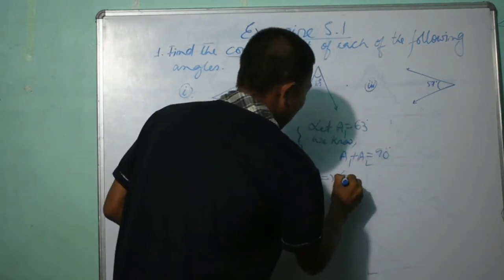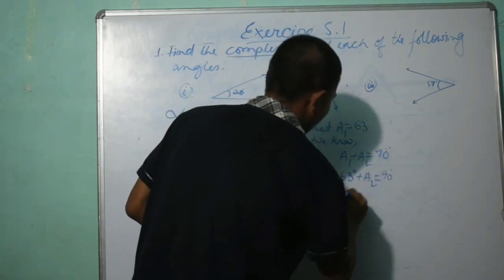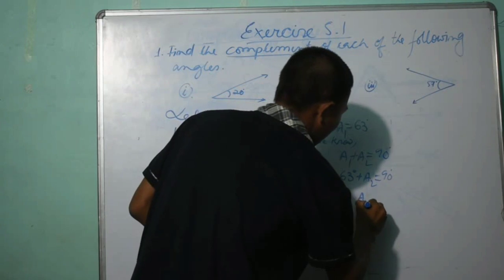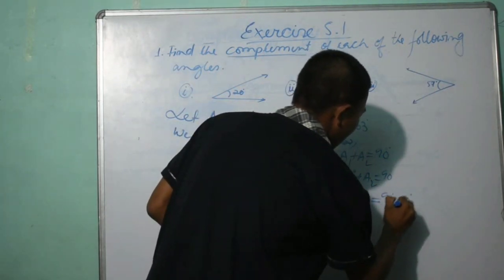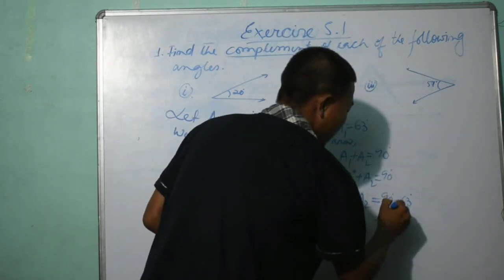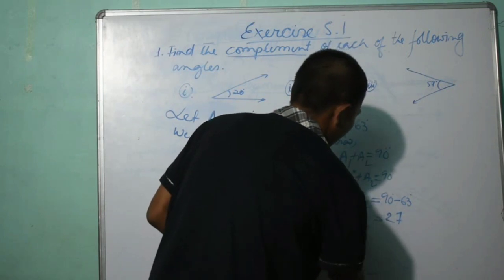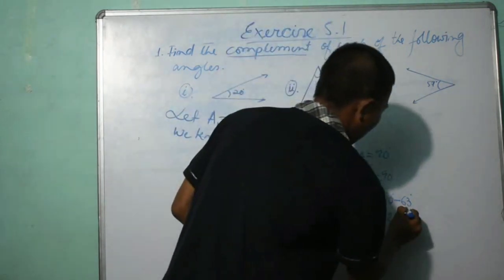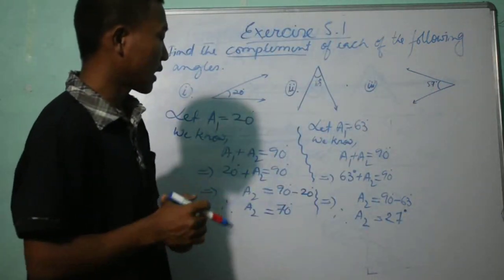So angle 1 is 63 degrees plus A2 equals 90 degrees, and A2 equals 90 degrees minus 63 degrees. 10 minus 3 is 7, 8 minus 6 is 2. Therefore, our second angle will be 27 degrees. This is the second answer.